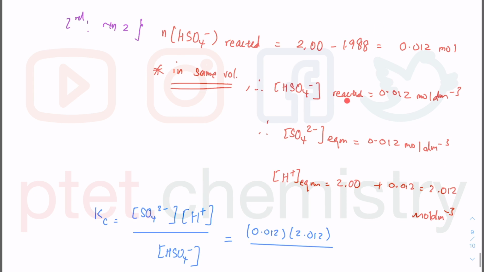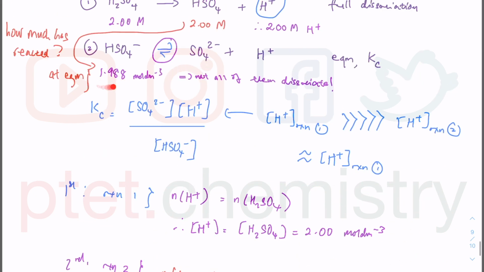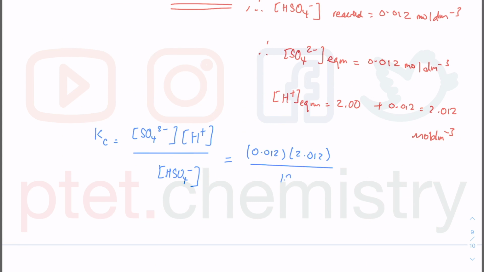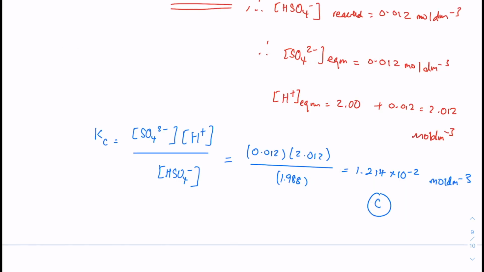This is how much reacted, but how much is present in equilibrium? 1.988. So you need to be very careful. Pop that into your calculator and you will get Kc equal to 1.214 times 10 to the minus 2 mole per dm cube, because the unit of mole per dm cube times mole per dm cube over mole per dm cube cancel out to mole per dm cube, and this is option C for that question 10.